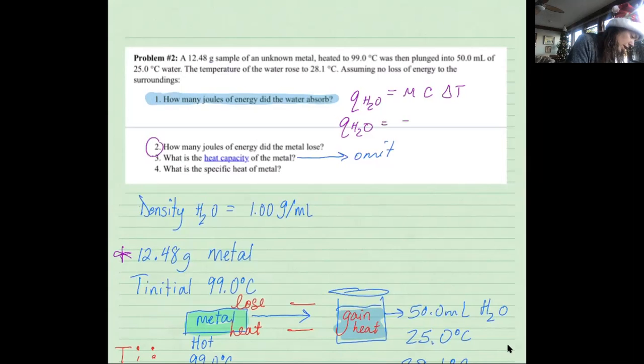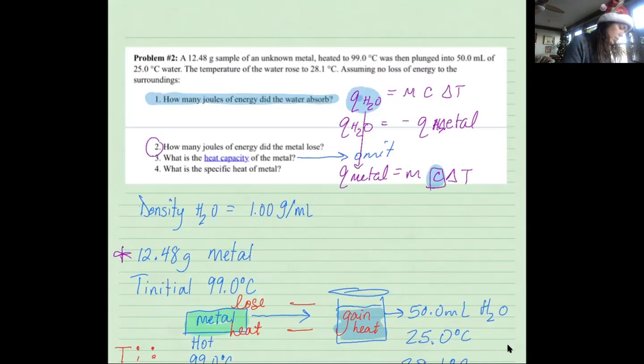Well, it's equal to the negative of the water. We then did Q metal equals mc delta T, and we solved for the specific heat of the metal here. Up here, we solved for Q. And then we plugged that Q into here, but changed the sign and solved for c. And that was our answer.